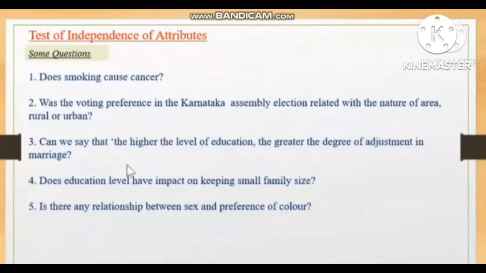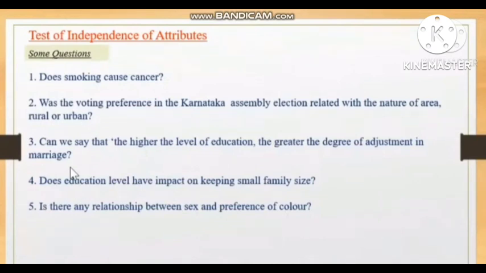The third, can we say that the higher the level of education, the greater the degree of adjustment in married life? Here also we are talking about two attributes. One is the level of education and other is the degree of adjustment in married life. Is there any association between these two attributes?